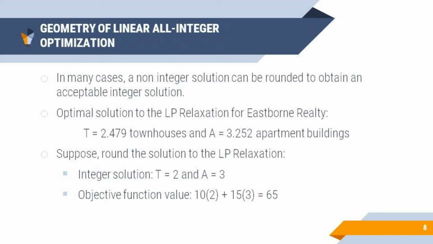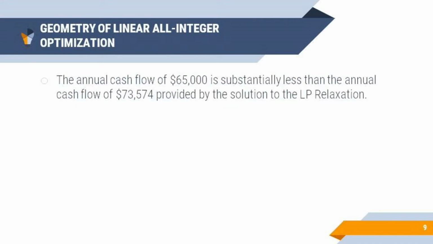Suppose we round the solution and use 2 townhomes and 3 apartment buildings. We put that into our objective function: 10 times 2 plus 15 times 3 is equal to 65. The annual cash flow of $65 is substantially less than the annual cash flow of $73,574 provided by the solution to the LP relaxation.